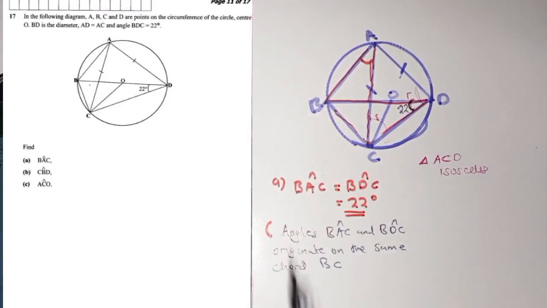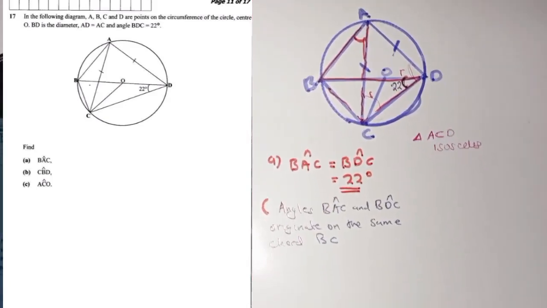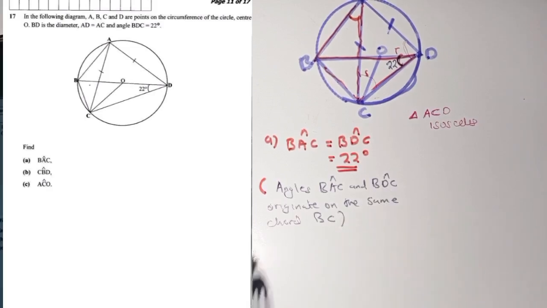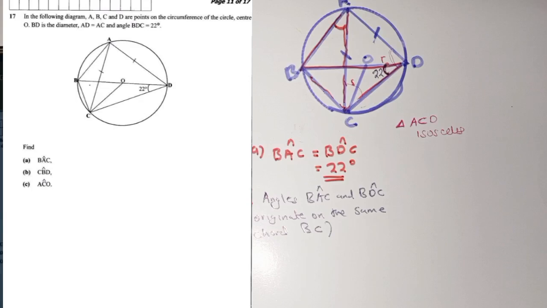This is the chord we're originating from. And the other thing you can see is they are all on the circumference. You've answered the question. Very easy when you've understood the properties. You don't even need to stress thinking so much.